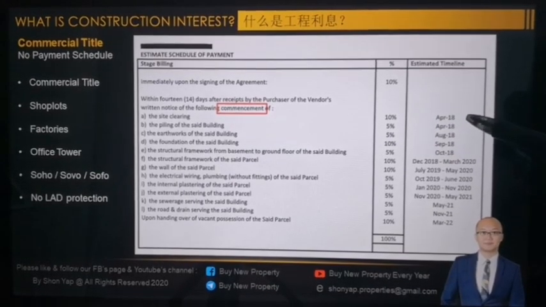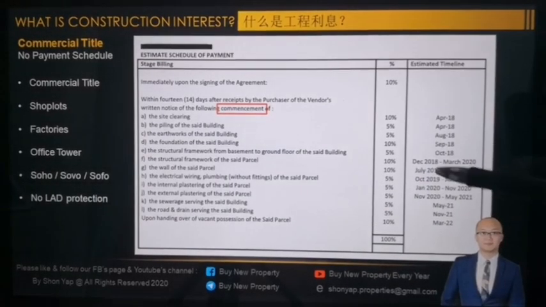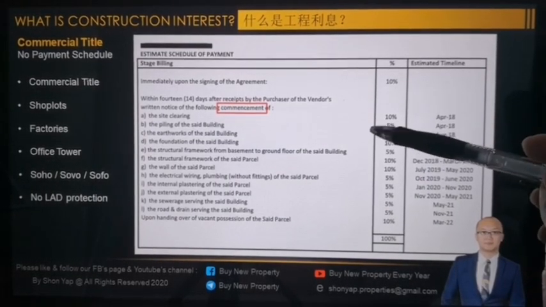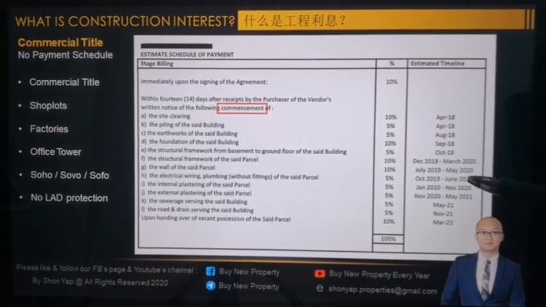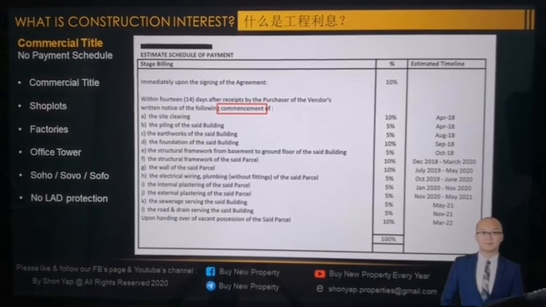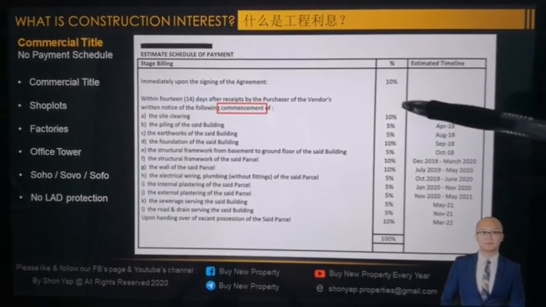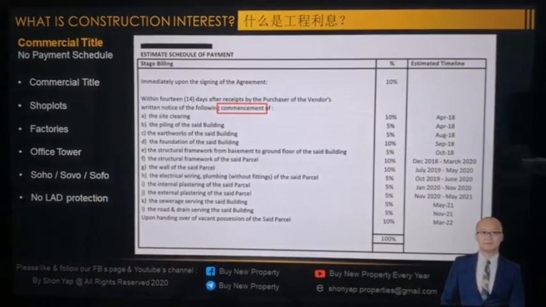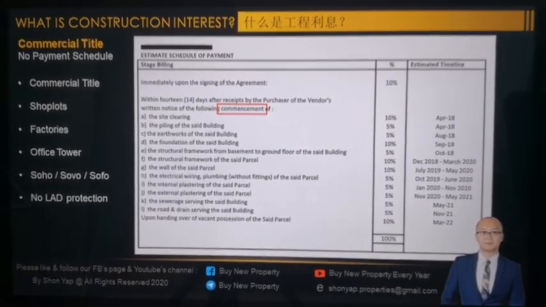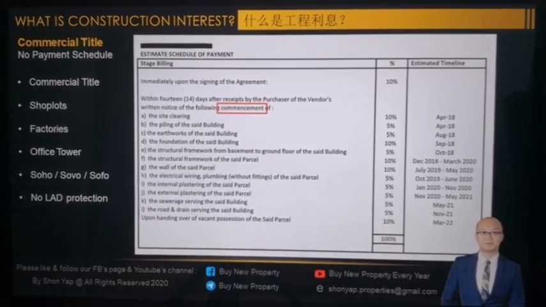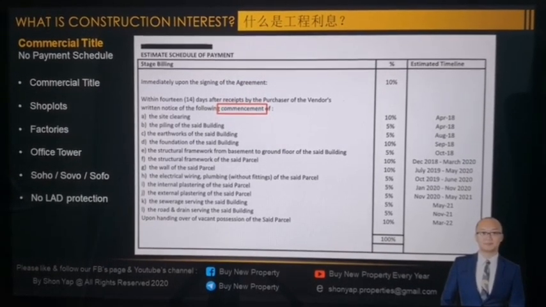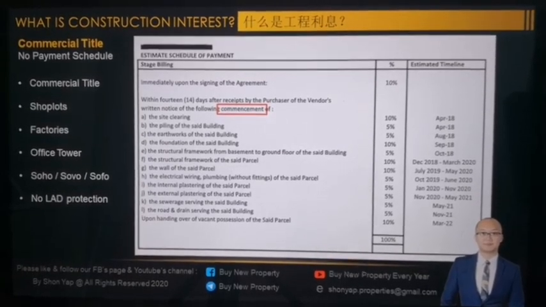If you bought the property in 2018, maybe first quarter or second quarter, and the project is really delayed, every month you have to pay about 30% construction interest of your loan amount until they complete the next stage, or even in the bad situation, they may abandon it. But you have to pay every month, even though they only maybe start the progress, like just dig a simple hole on the ground or do simple piling, and then they delay. There are a few examples in the market now.